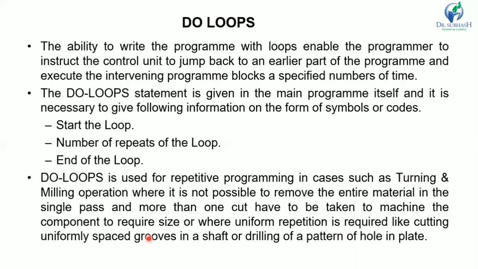This do loop is used for repetitive programming in cases such as turning and milling operation, where it is not possible to remove the entire material in a single pass, and more than one cut has to be taken to machine the component to required size, or where uniform repetition is required, like cutting uniformly spaced grooves in a shaft or drilling of a pattern of holes in a plate.